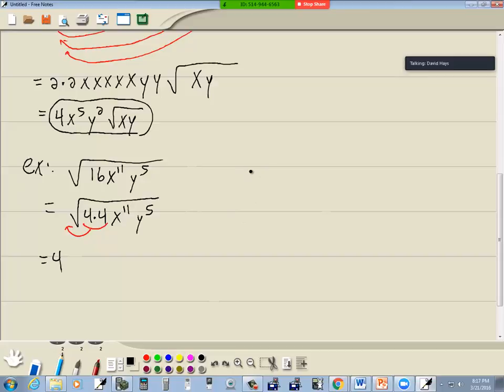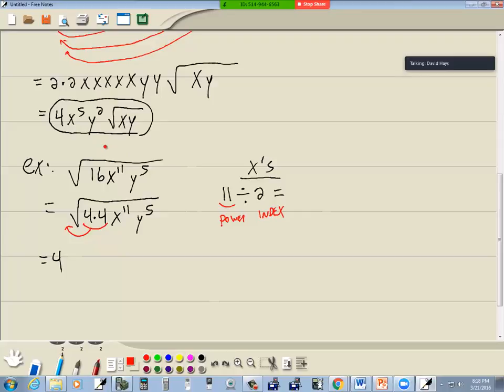Now, let's take a look at the x's. What we can do is take the power, the 11, and divide it by our index. So this is our power, and this is our index.